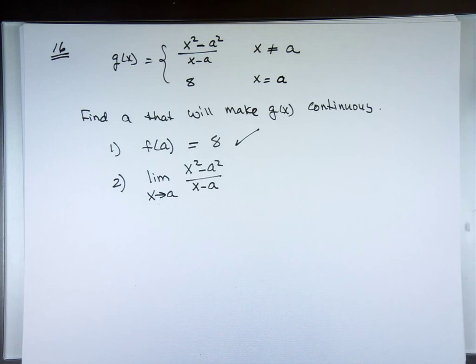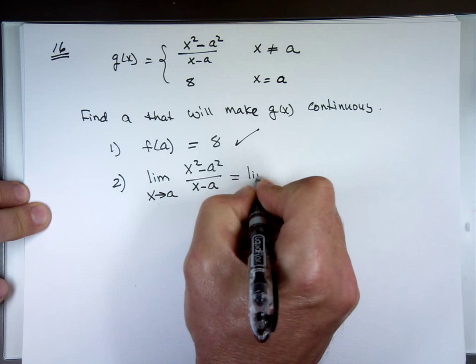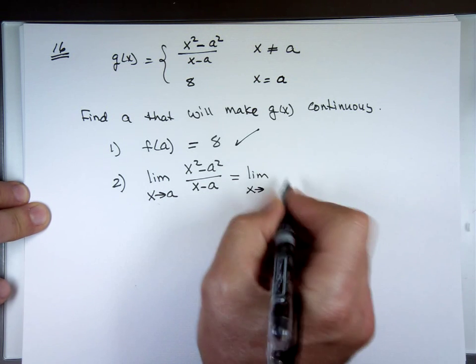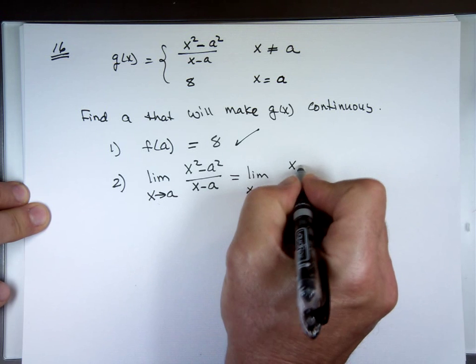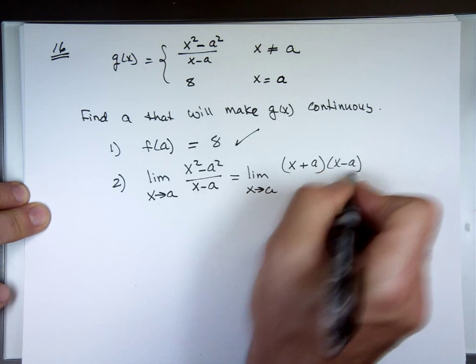Well, you know if you plug in a, it's going to have 0 over 0. Not good. Can we factor the top? That becomes x plus a, x minus a, over x minus a.